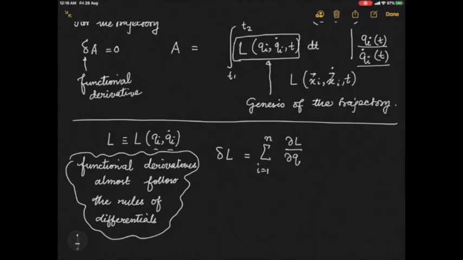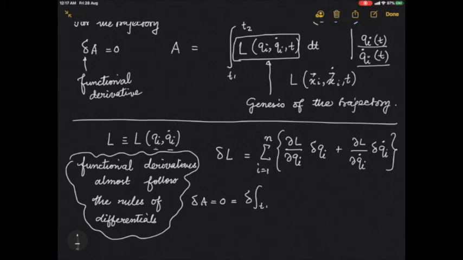Anyway, I'm writing this in generalized coordinates. So it will be delta L delta qi, the functional change in qi, plus, you should put the bracket here, delta L delta qi dot, the functional change in qi dot. Right? So let us put this back into our Hamilton's principle.